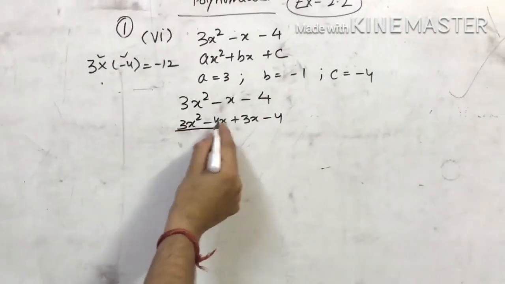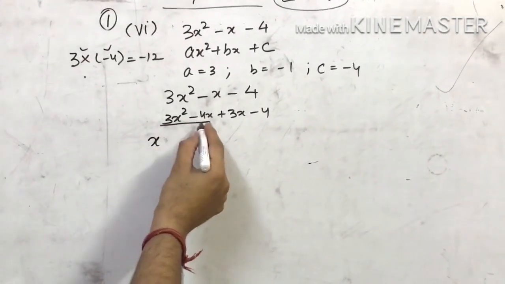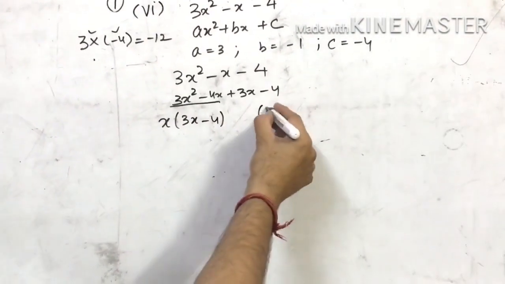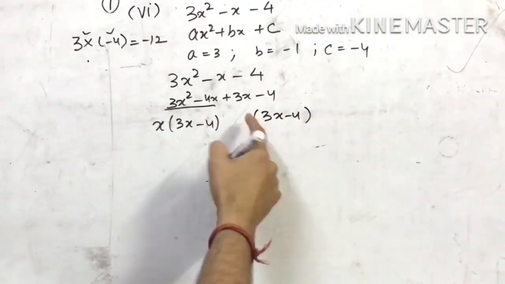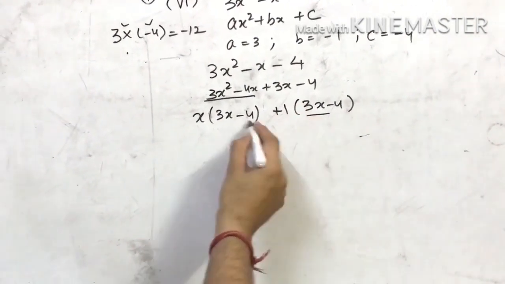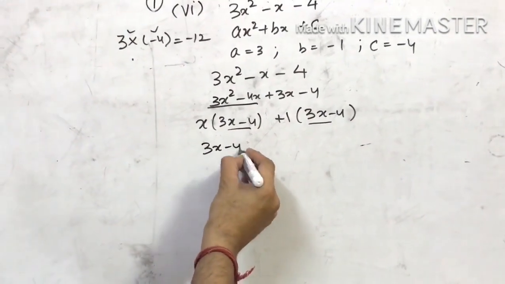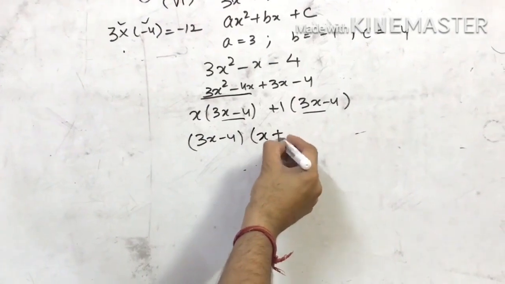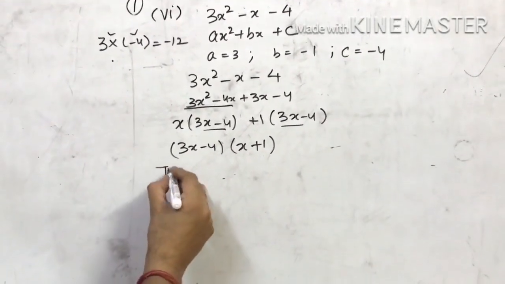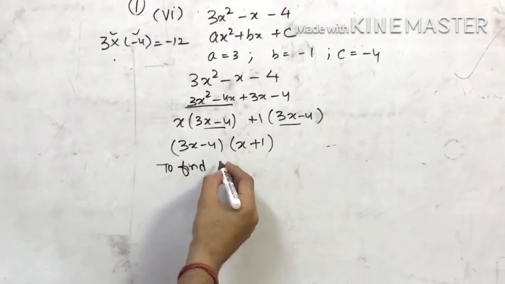From these two, what you can take common, that will be this. Repeat the same bracket again, then compare this part with this, you will get plus 1 here. Now take common this bracket, we will get this number. So these are the factors, but to find zeros you have to put each bracket equal to 0.